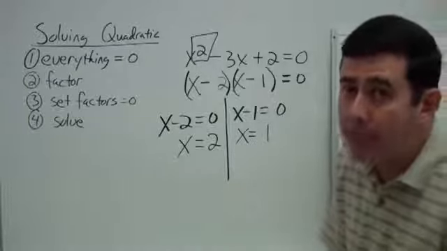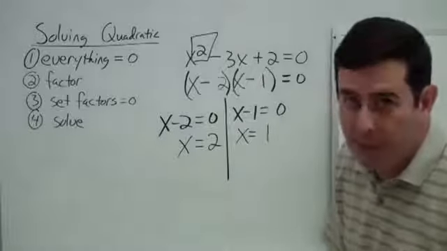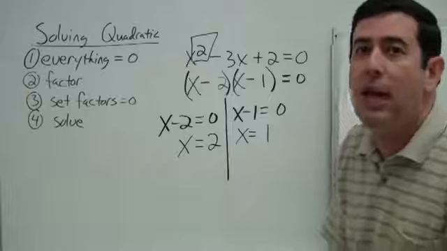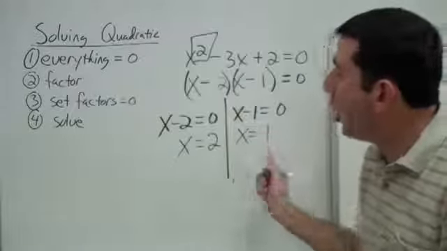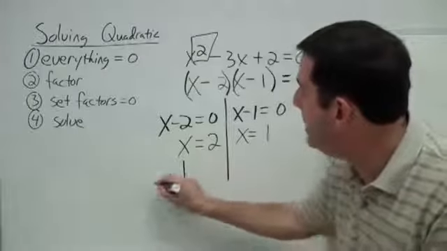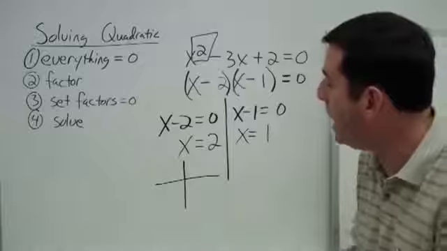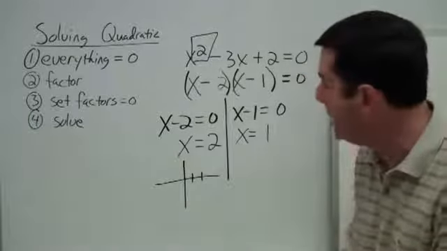Notice that the word is maximum. This is the most that we could get. There might be fewer solutions, but there can never be more. Now, what these solutions are ultimately going to mean for you, they will be places on the Cartesian plane where a graph is crossing the x-axis.